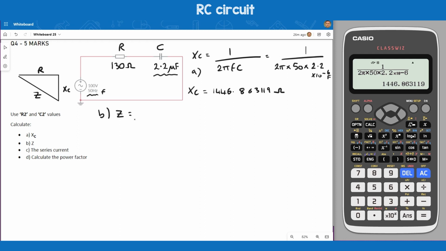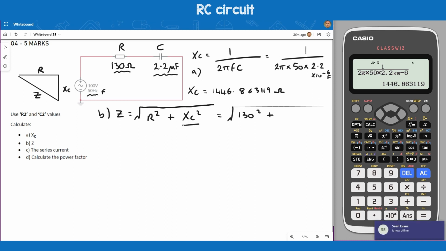So the hypotenuse is the square root of the adjacent side squared plus the opposite side squared. That's equal to the square root of our resistor, which is 130 ohms, and then XC, which we just worked out.